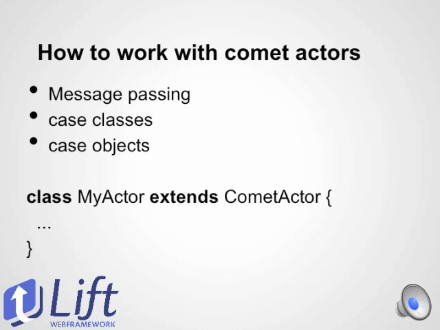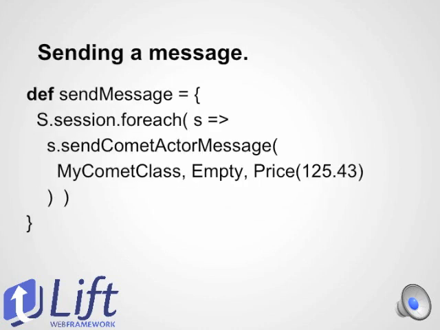So that's really good. I have been saying that sending a message to a Comet actor is something that pretty much everyone who deals with actors says, but if you haven't worked with actors, especially Comet actors in Lift, this is how you can send a message to a Comet actor.